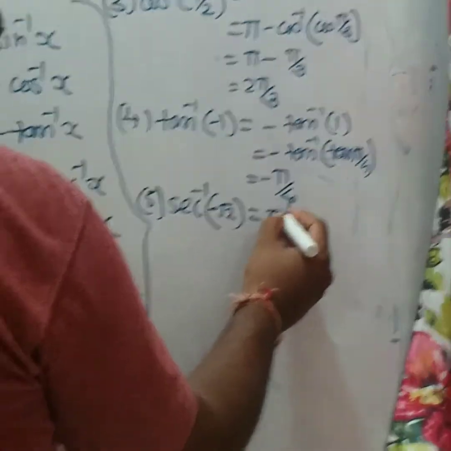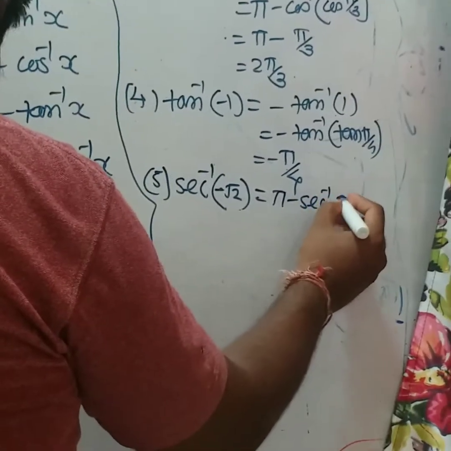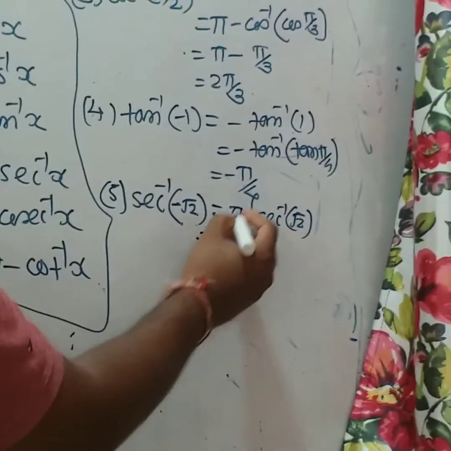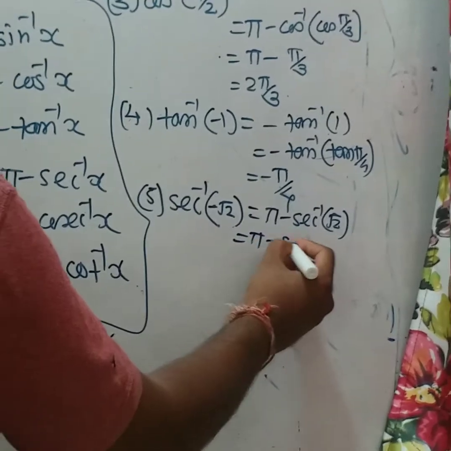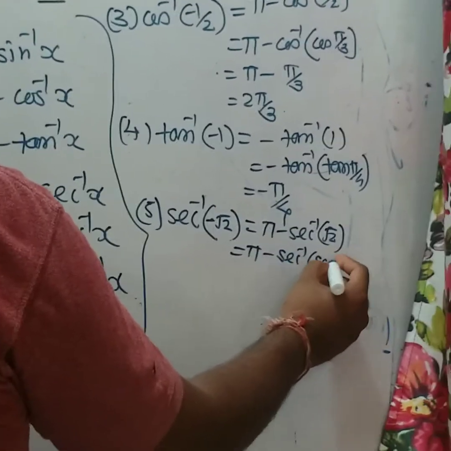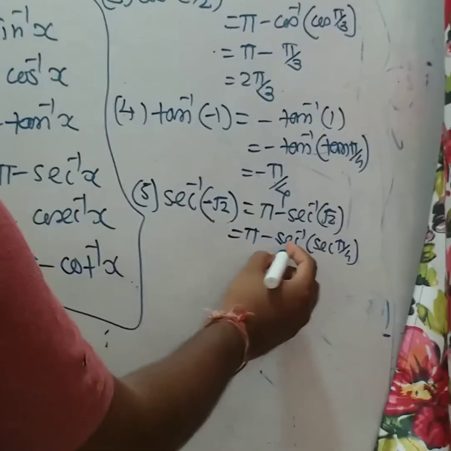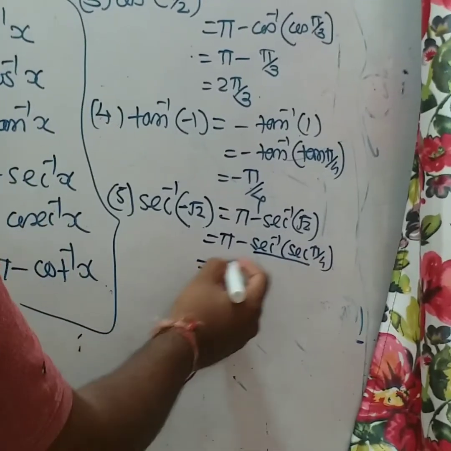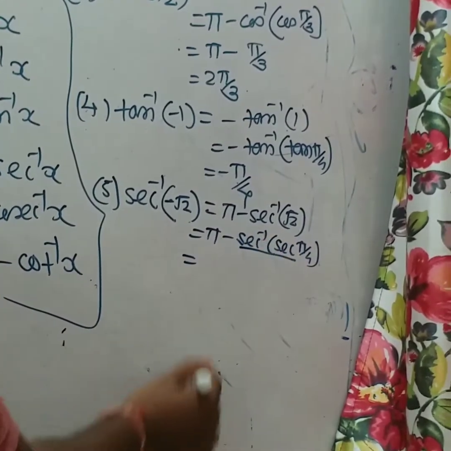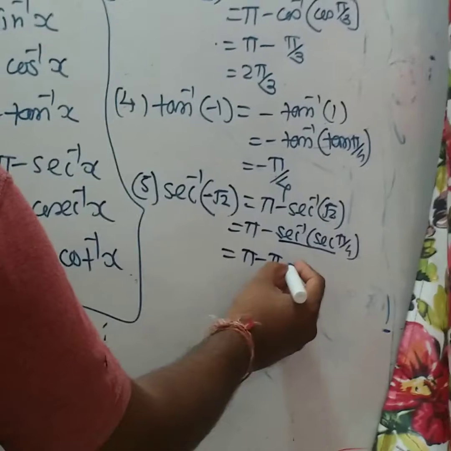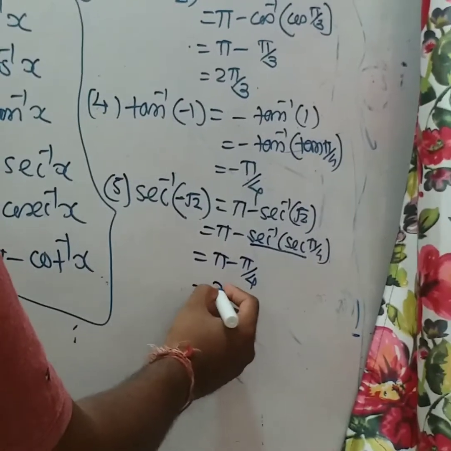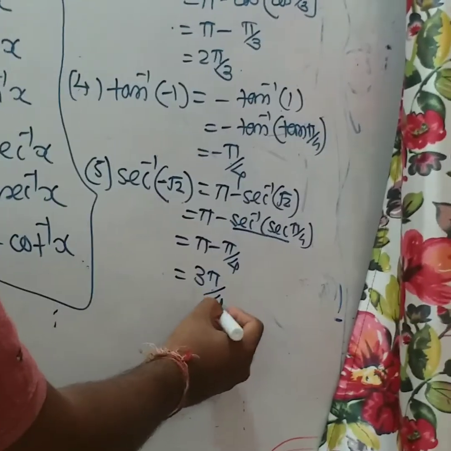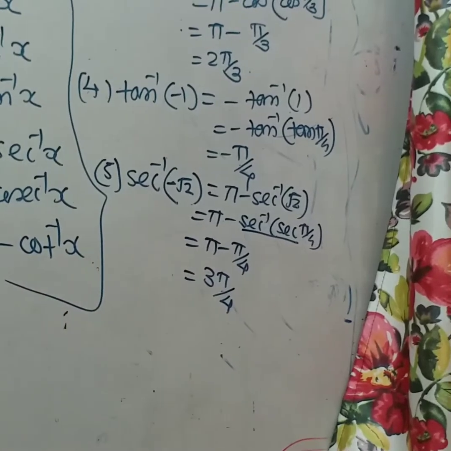So pi minus sec inverse of root 2. So pi minus sec inverse of sec pi by 4, and this will be removed. This will be the identity function. So pi minus pi by 4 is here. The simplification of this is 3 pi by 4.